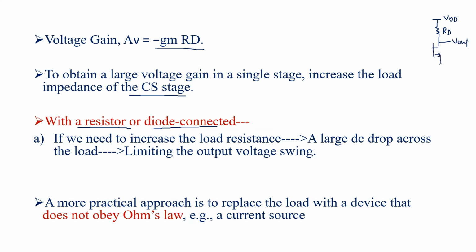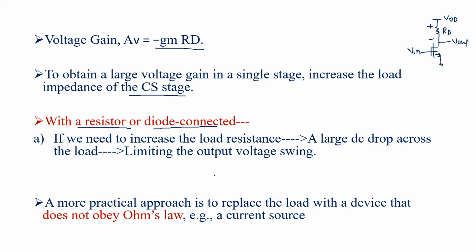And if RD is increasing, the drop across this RD will increase. If the drop across it is increasing, the output voltage is limited. And if output voltage swing is limited, there will be other disadvantages. We need to get a good output voltage swing. So this is the disadvantage of increasing RD.